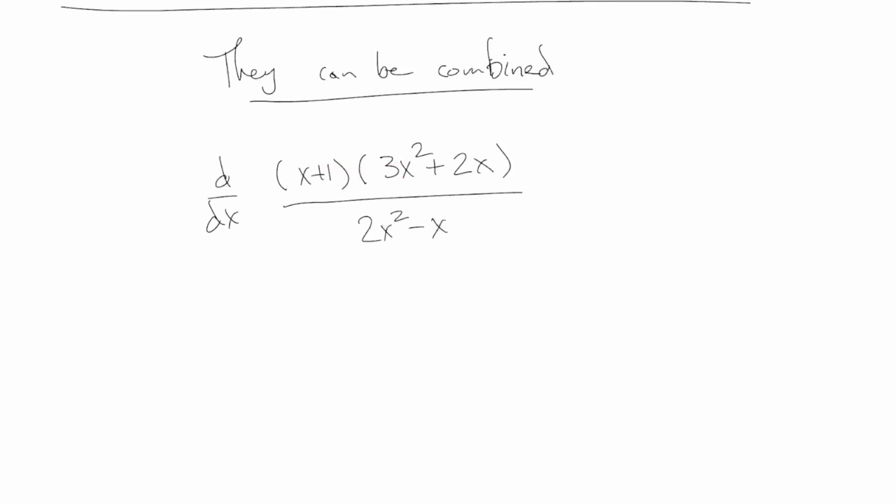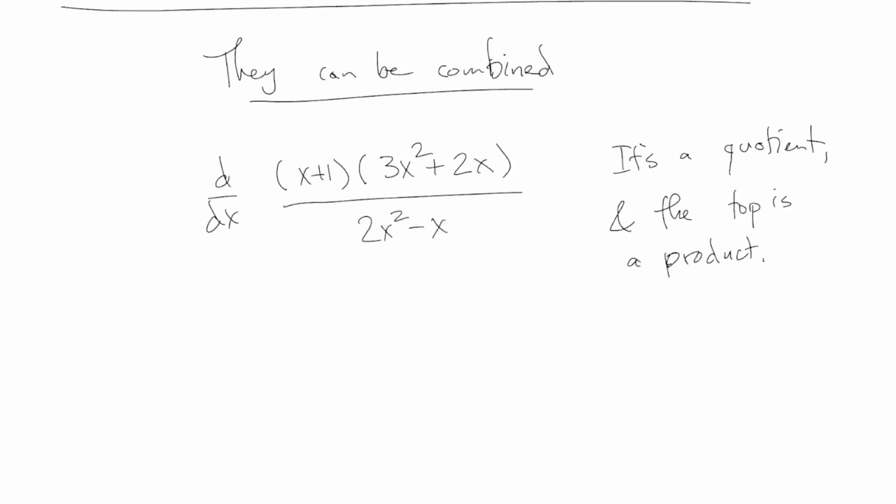So if I were to describe the structure of this thing, I would say it's a quotient and the top is a product. That's how I think of this. What that means is I'm going to use the quotient rule because it is a quotient. And at some point during the quotient rule, you have to take the derivative of the top.